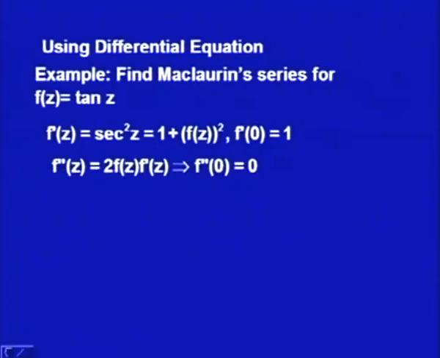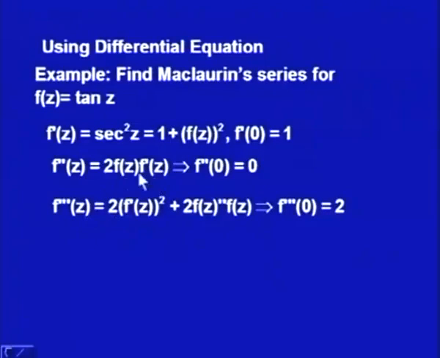Now, differentiating this again, we have f″(z) = 2 f(z) f′(z), and since f′(0) is 1 and f(0) is 0, f″(0) is 0.